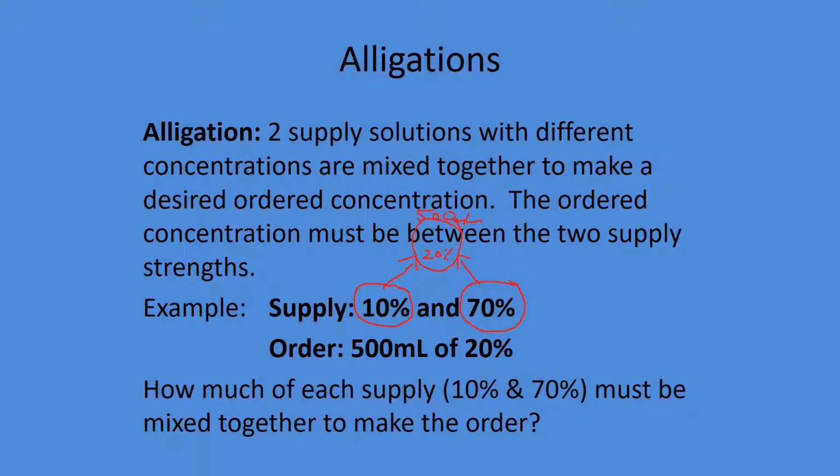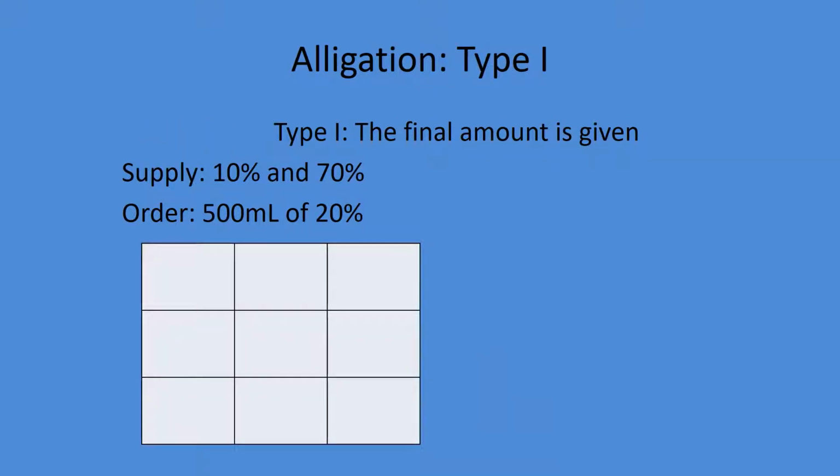So this is alligation type 1, where you have the final volume given to you. So let's solve this. In alligation type 1, you're given the final amount. So if you look in the order and they tell you to make a specific quantity, then you know that is type 1.